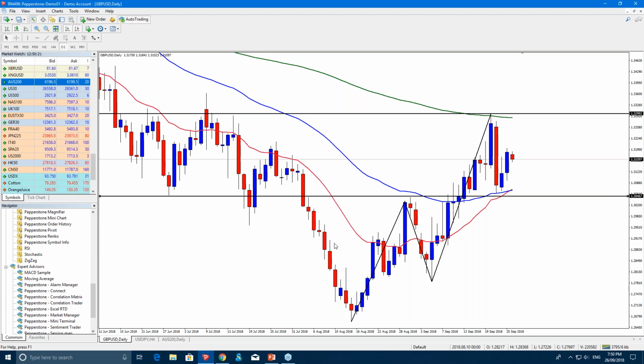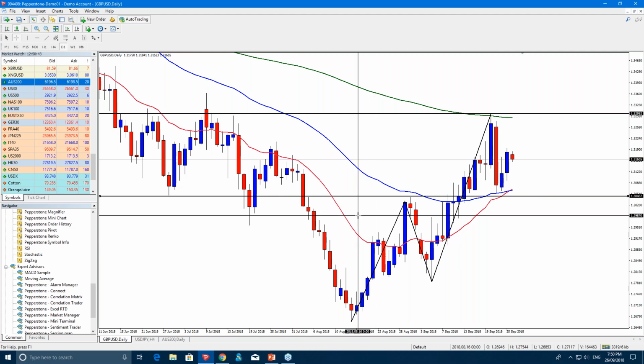It's using the last 20 candles to determine what the average price moves are, so that's why price respects it so much. As you can see, even in this example on the pound USD, as it was coming down, it respected the red line, which is the 20, all the way down. And now it looks as though it's about to be respecting it again on the way up as it's broken through.